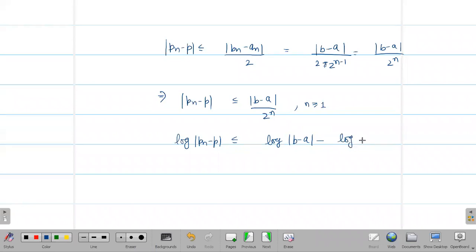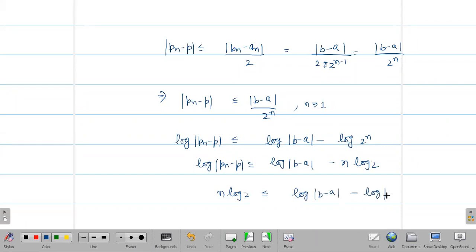So don't be confused by that formula, they are actually the same. log of (b minus a) minus n log 2 is greater than or equal to log of pn minus p. If you find n from here, that will give you n log 2 less than or equal to log of (b minus a) minus log of pn minus p.